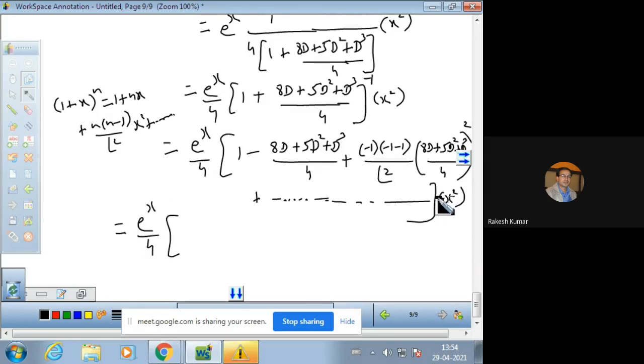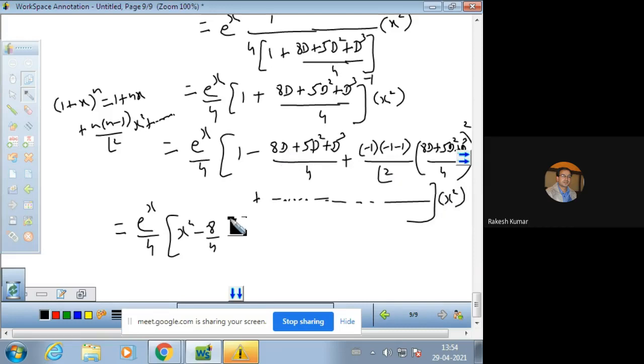Now operate x square inside. So when you operate x square with 1, you will have x square and minus. Now you know that if d is in the numerator, then you need to find out the derivative. So all the d's are in the numerator, so you have to find out the derivative.